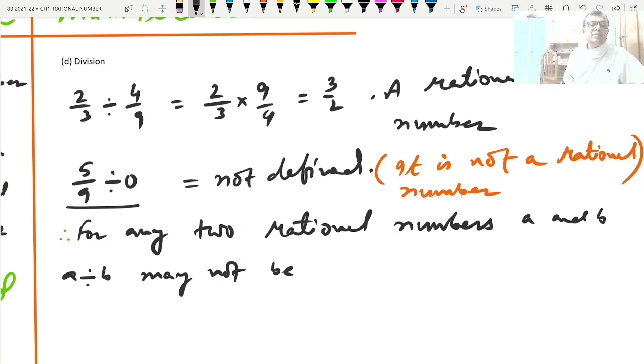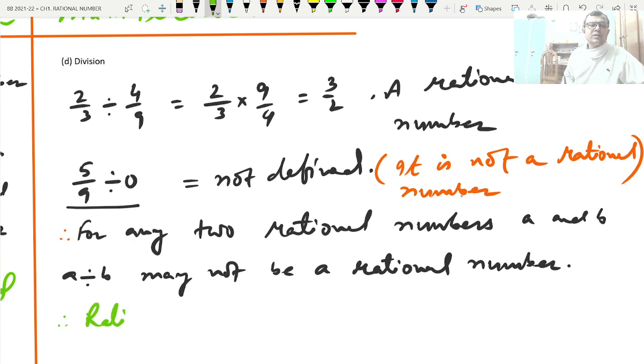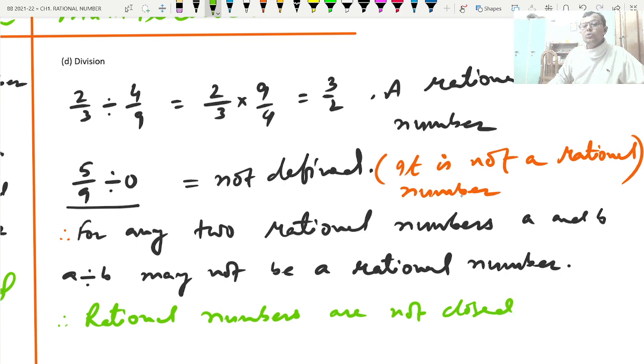Hence, A divided by B may not be a rational number. Therefore, rational numbers are not closed under division.